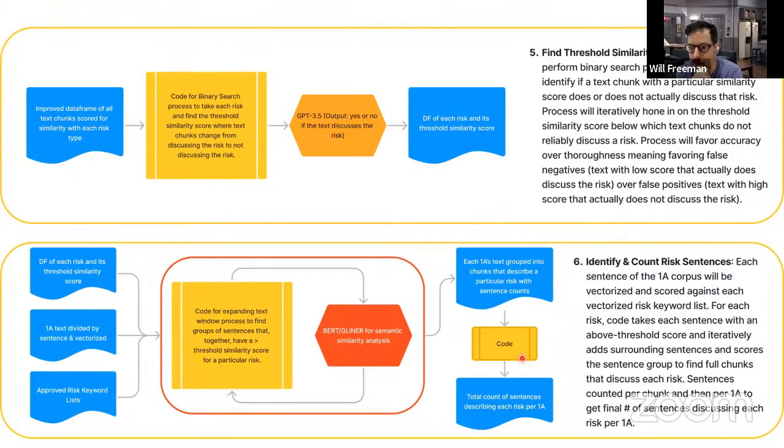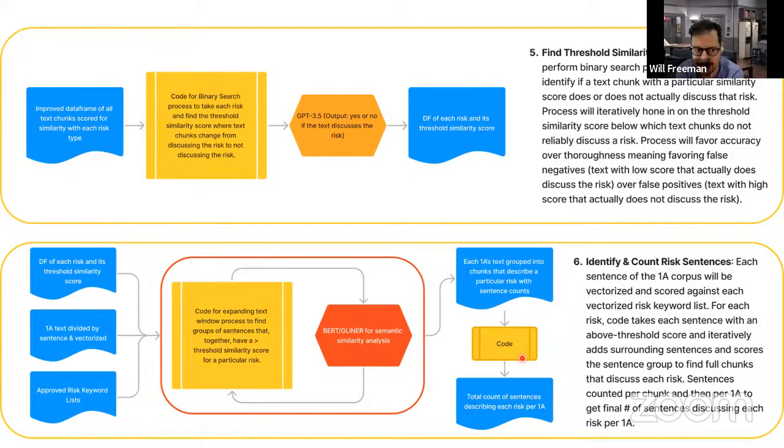But I needed to know programmatically at what point in a falling similarity score, as you go across all the sentences, things changed from accurate to inaccurate. So at what point, let's say a 0.9, you knew that it was accurate, the sentence was actually talking about a cybersecurity risk. At what point of semantic similarity score, maybe 0.7, 0.6, whatever, did it change to where you would be sure the sentence wasn't about cybersecurity risks?